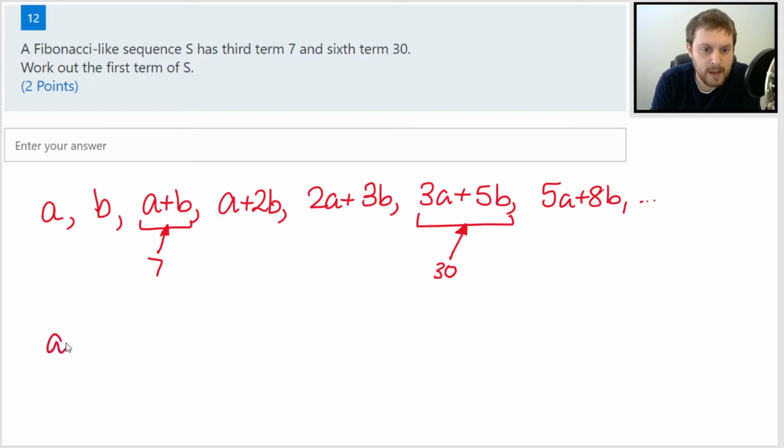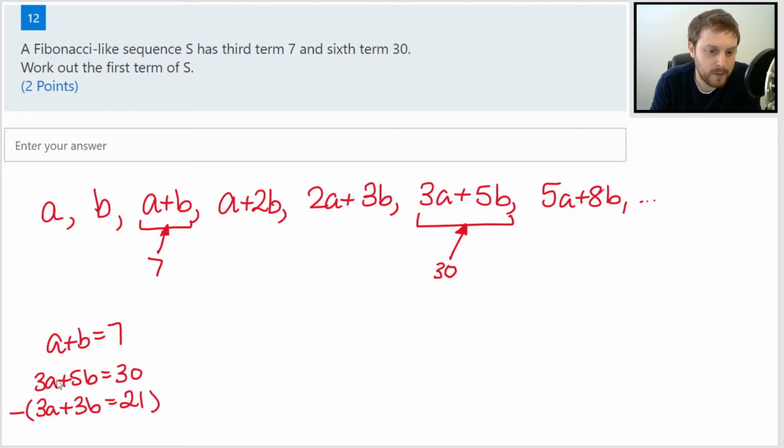So we have A plus B will be 7, and 3A plus 5B will be 30. Now, one thing I can do to this equation here is just times it by 3. If I do that, I'll have 3A plus 3B is 21. Now, if I take that away from this, I'll have 2B equals 9, which means that B is 4.5.